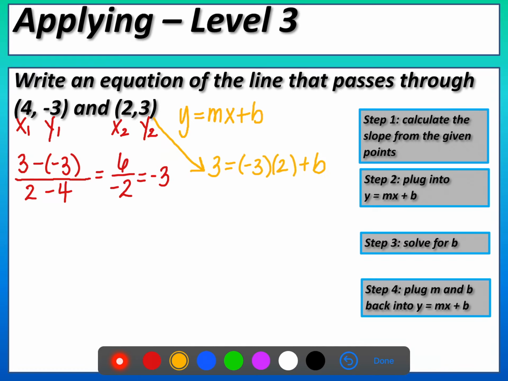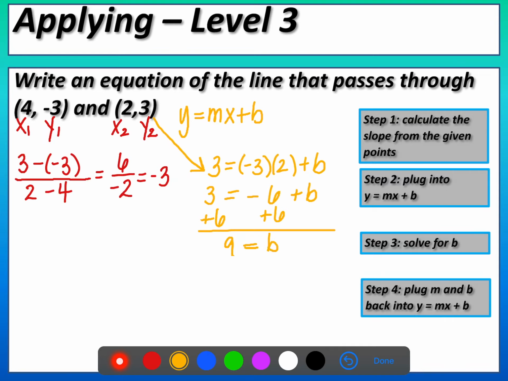Just like we did in level 2. In level 2, you were given an ordered pair and a slope. In this problem, we just had to solve for the slope first. Okay, and I get my y-intercept.